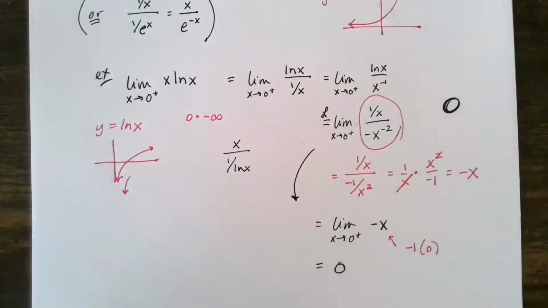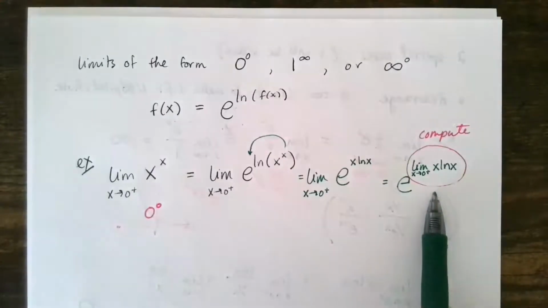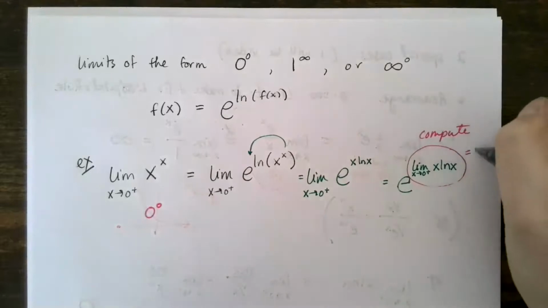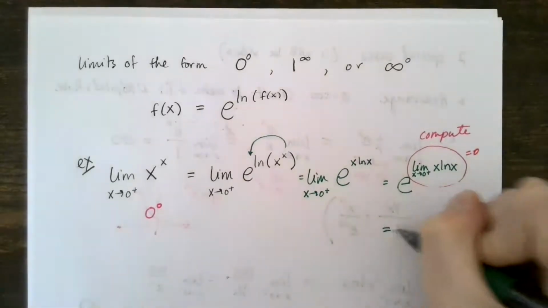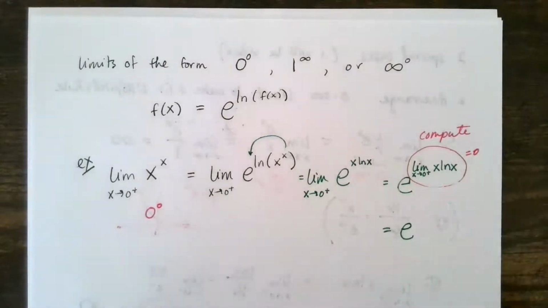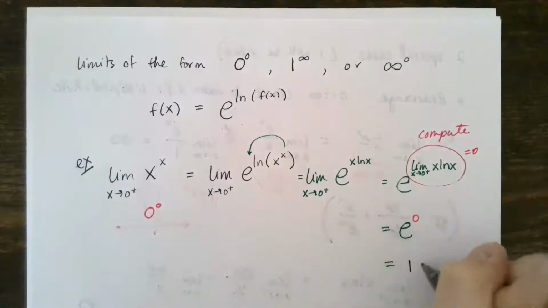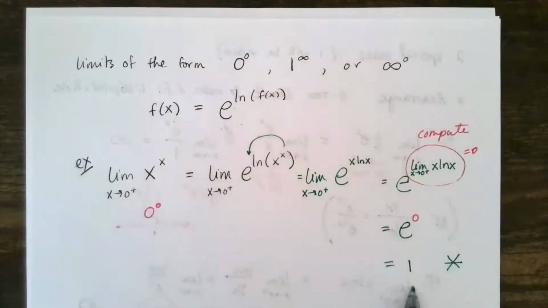So we're going to take that 0, come back over here, and say, okay, this limit is equal to 0 because I did L'Hopital's rule. So my final answer is e to that 0, and e to the 0 power is 1. So this limit is equal to the number 1.